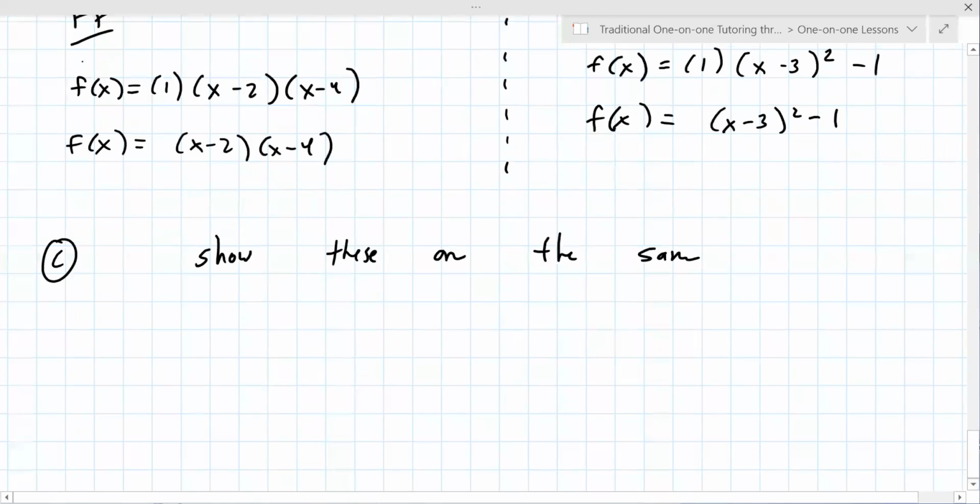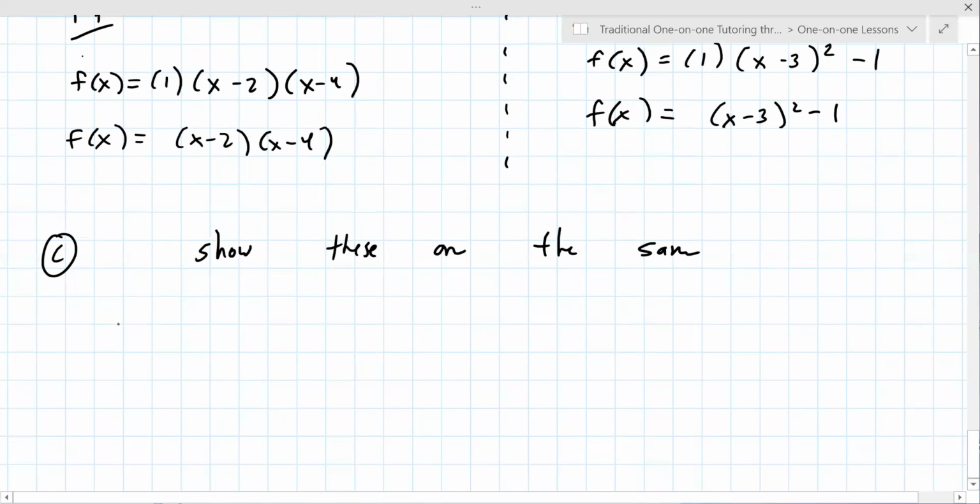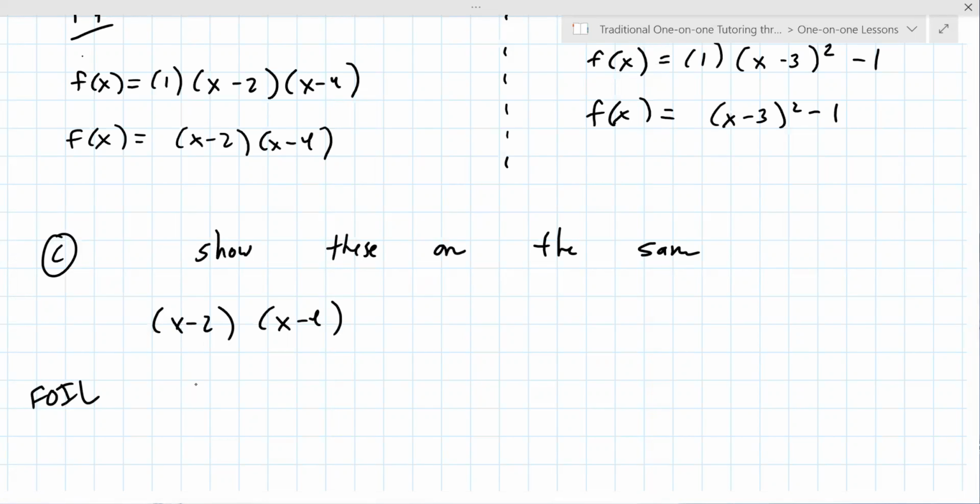So on the left, you're going to FOIL. Go ahead and FOIL that and tell me your final answer, please. x squared minus 6x plus 8.